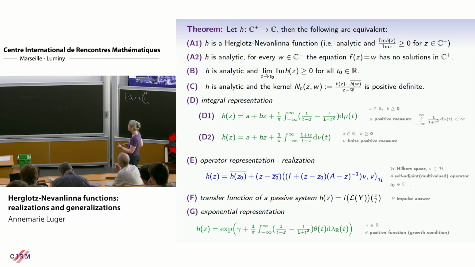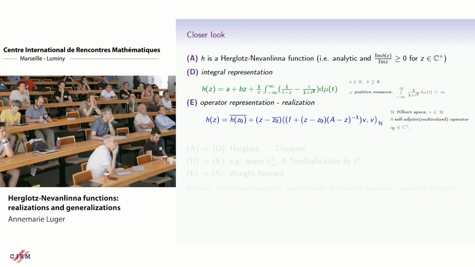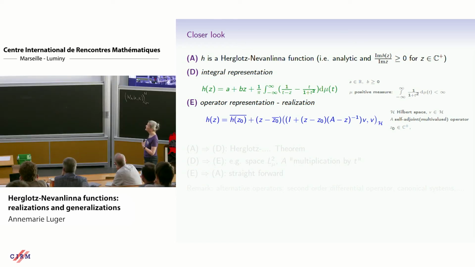Okay. So we'll see this slide several times during the talk. We'll come back to this. First, I want to pick out some of these relations directly. So have a closer look. So there was this: a Herglotz-Nevanlinna function is equivalent to that it can be written as an integral representation, is equivalent to that there is this self-adjoint operator. Okay?